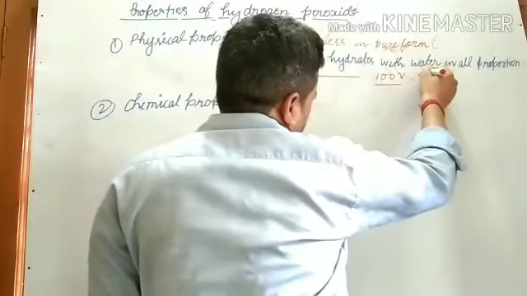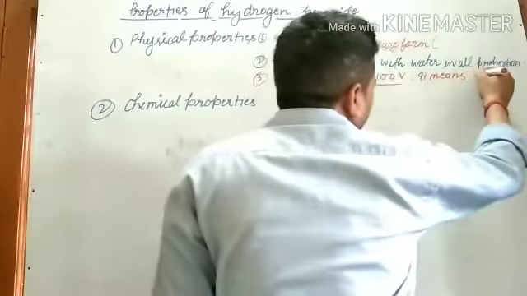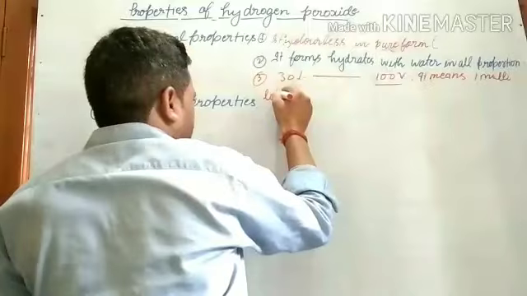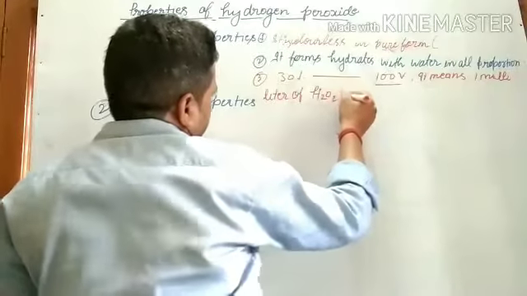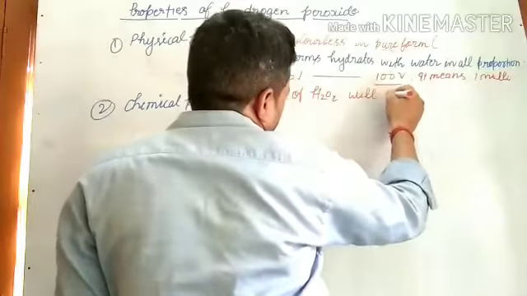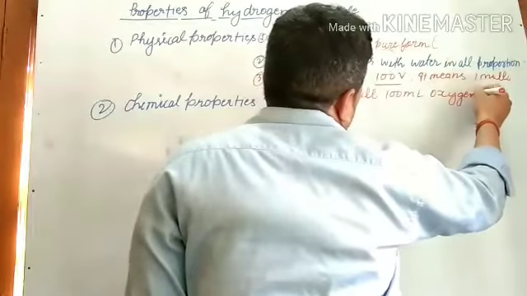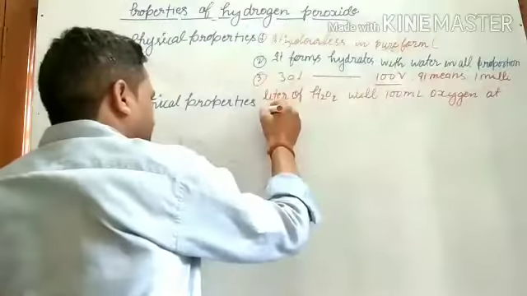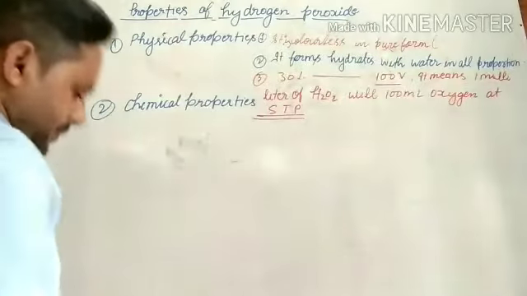It means 1 milliliter of hydrogen peroxide H2O2 will give 100 ml oxygen at STP, standard temperature and pressure.